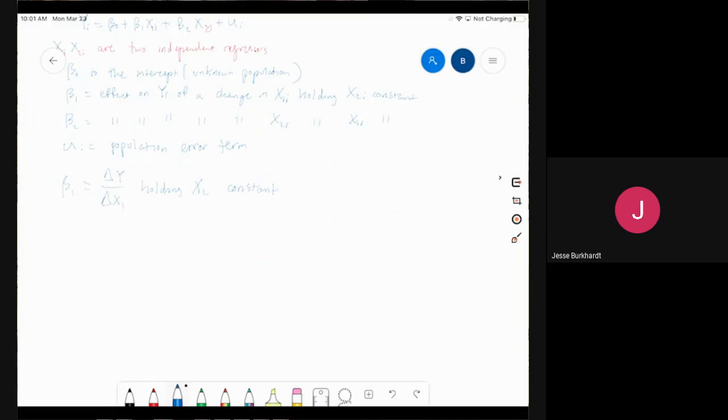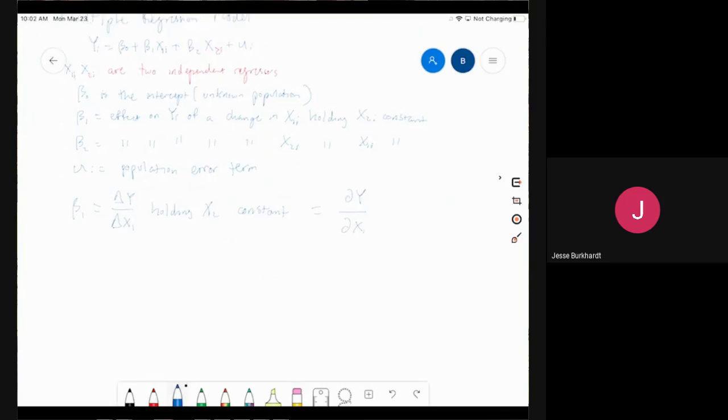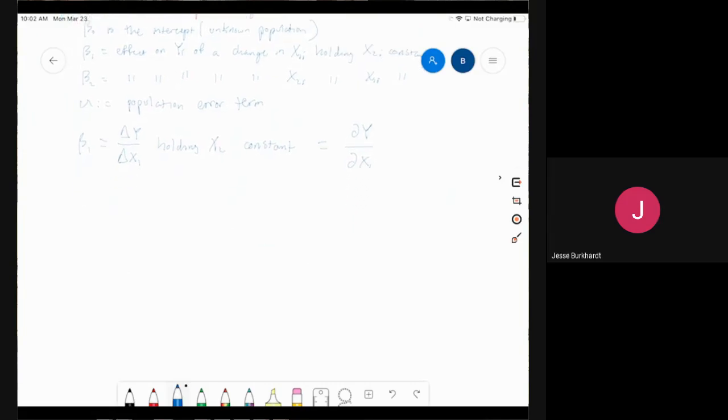Or if you've taken calculus, specifically partial derivatives, you know that this is equal to dy, the partial derivative of y with respect to x1. So we're going to hold x2 constant and take the derivative of this function up here with respect to x1. That's essentially the interpretation, the slope.